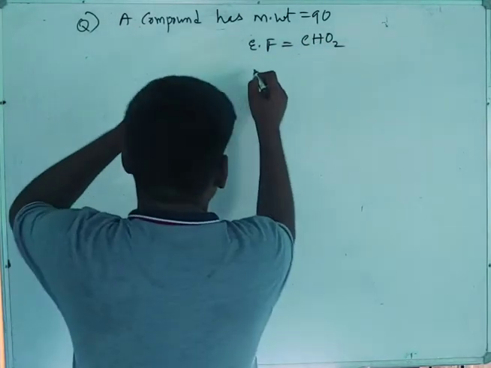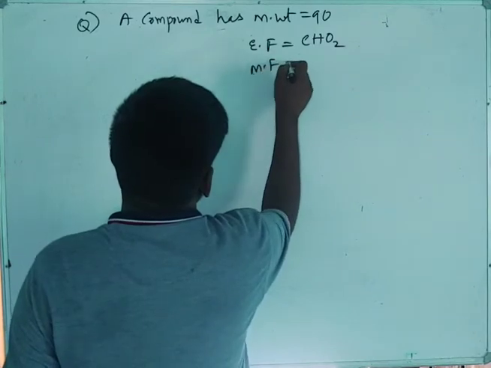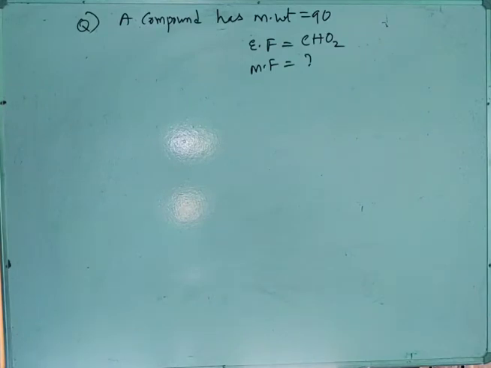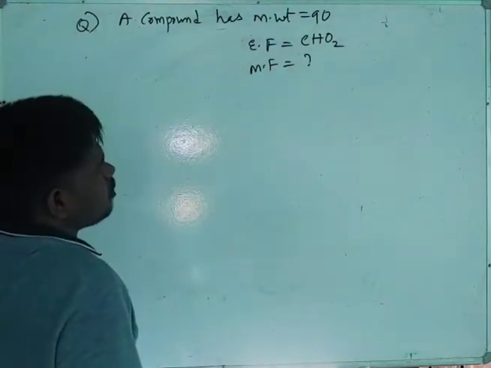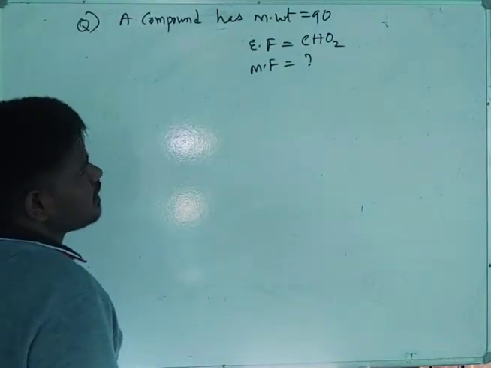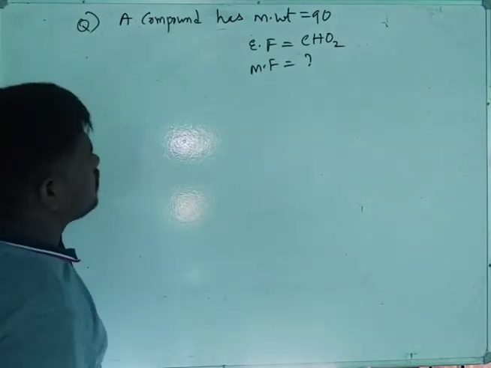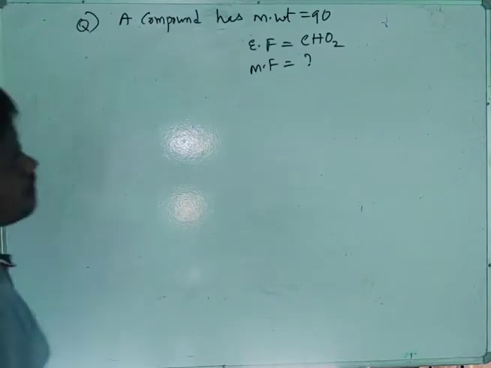Then find the molecular formula. So now guys, here the given thing is the molecular weight of the compound, and the empirical formula of the compound is given, then we need to find out the molecular formula of the same compound.